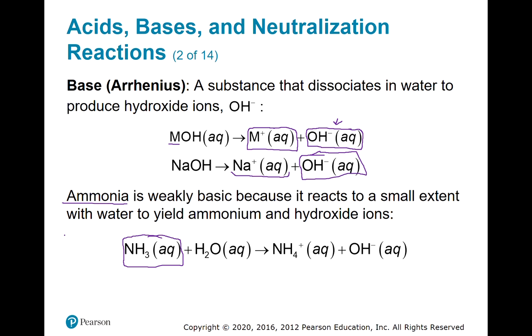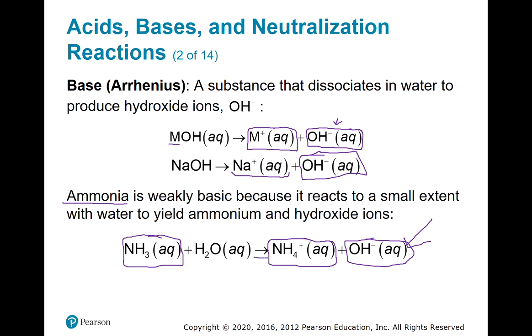And it turns out that ammonia is a weak base because it partially reacts with water, really to a small extent, but meaningfully enough to still be a base, in this reaction that you see here. So the ammonia in aqueous solution partially reacts with the water that it's dissolved in, and it forms ammonium cations, NH4 plus, and hydroxide ions, and again, this is what's responsible for making this a base.